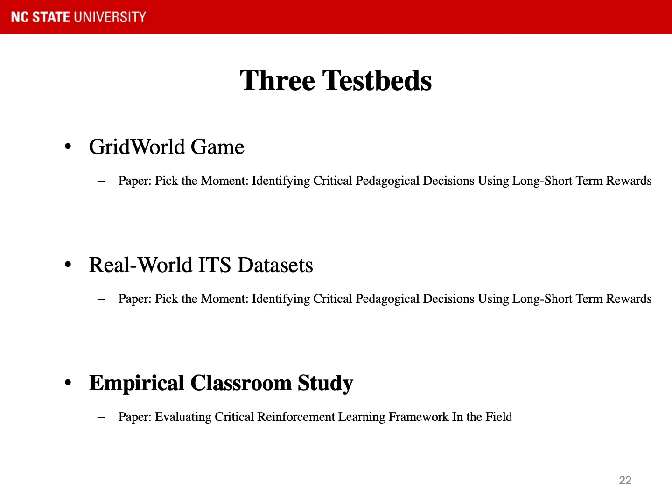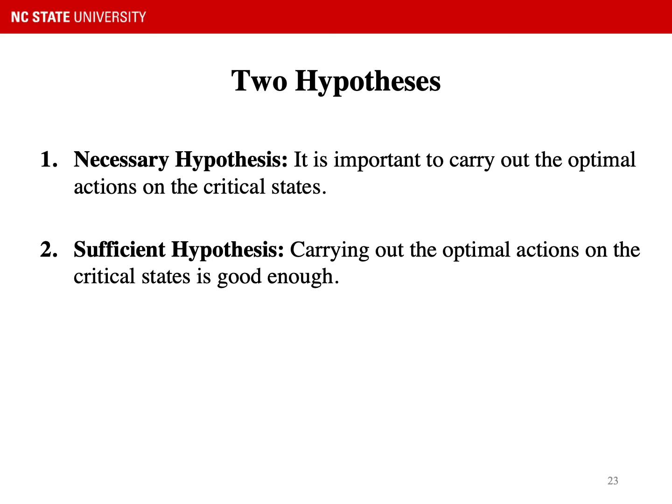Next, we conducted an empirical classroom study to further evaluate our critical reinforcement learning framework. In this experiment, we proposed 2 hypotheses to evaluate the effectiveness of the critical policy. First, the necessary hypothesis is about whether it is necessary to carry out the optimal actions on the critical states. That is, on the critical states, if we do not carry out the optimal actions, then the performance would suffer.